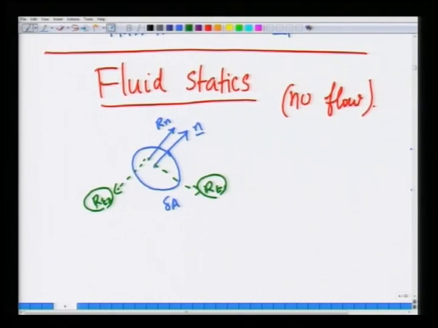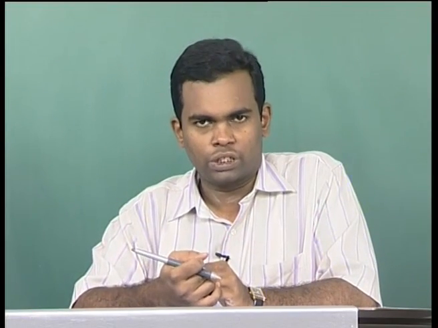Okay. Now, we are now considering fluids that are not moving. The fluid is static. Now, what can we say about the nature of surface forces when the fluid is static? By definition, a fluid undergoes a flow when there is a non-zero shear stress.